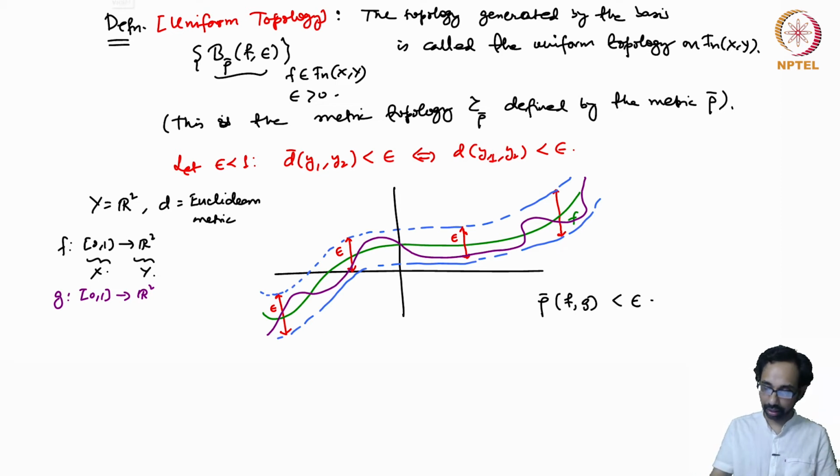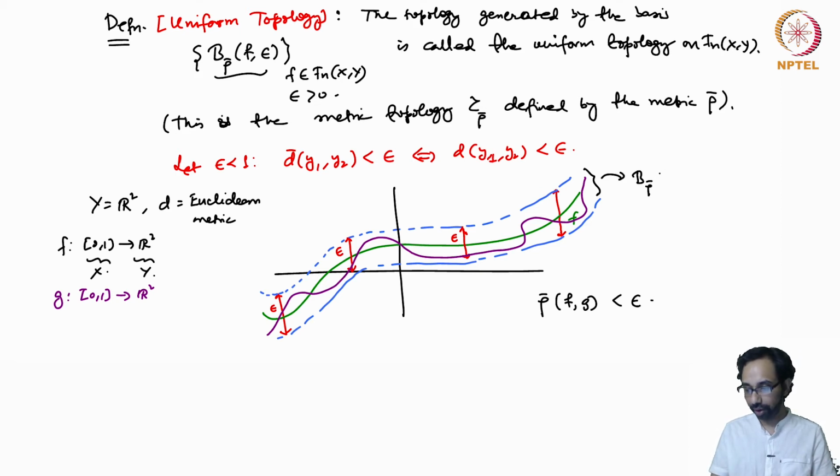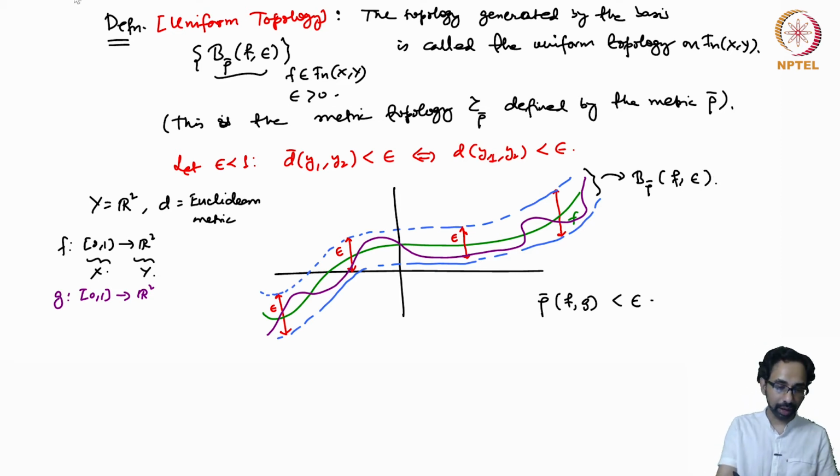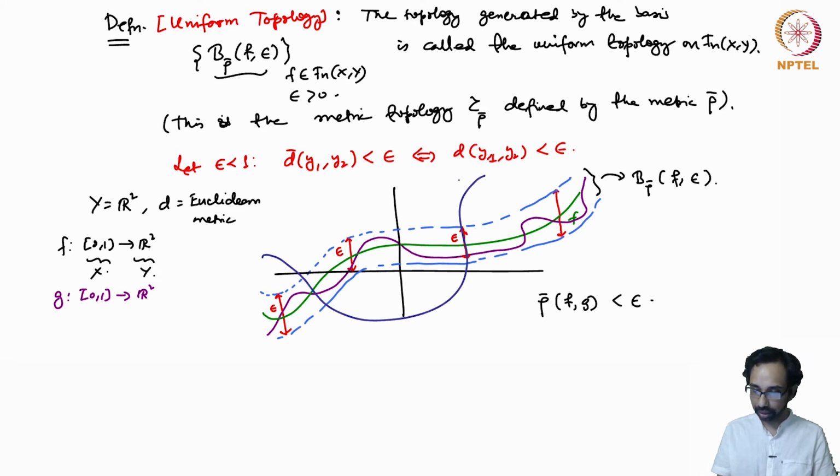So basically this tube is the metric ball with center f and radius epsilon. And if any function has points outside this blue curve, so suppose that we have another function like this, let us say g prime, then g prime does not belong to this metric ball.